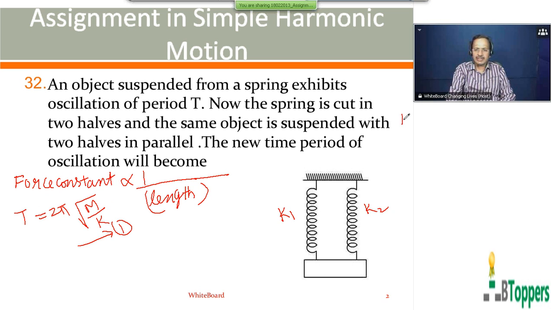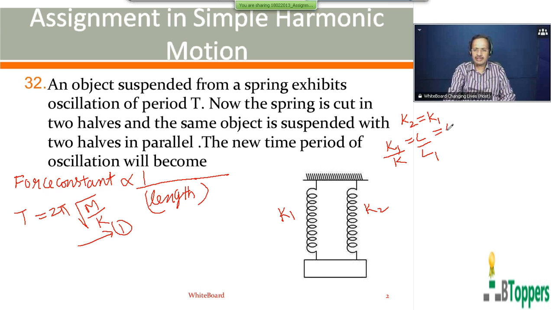Now the force constant of the second part is the same as the force constant of the first part. If you compare the force constant of one of the parts with the force constant of the original spring, K1 by K, you can write L by L1. L is the natural length of the original spring, L1 is the natural length of the first part, or one of the parts.